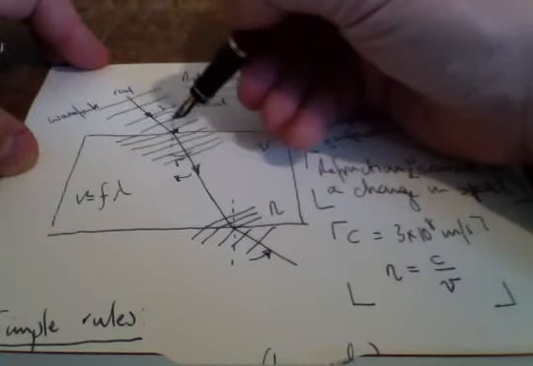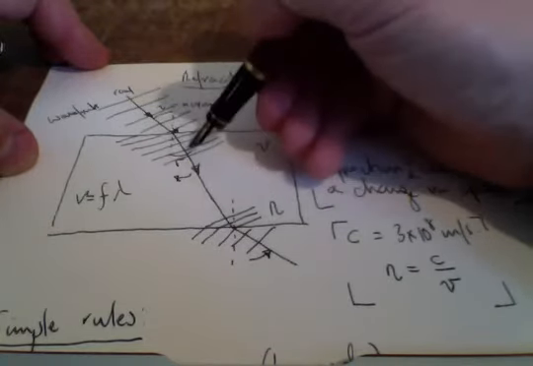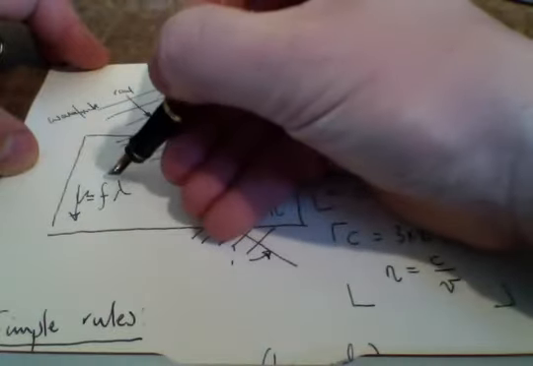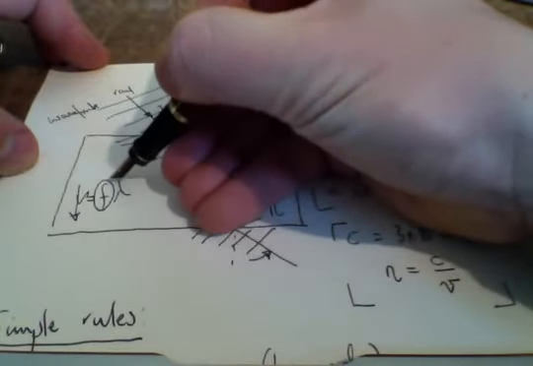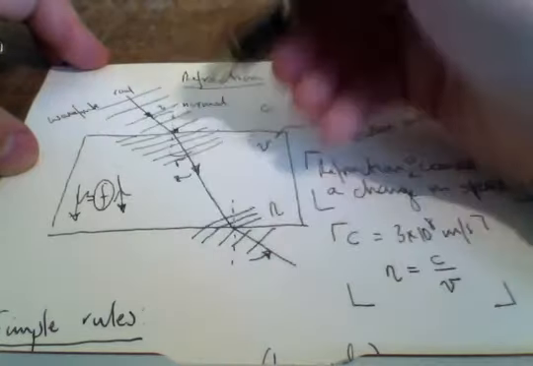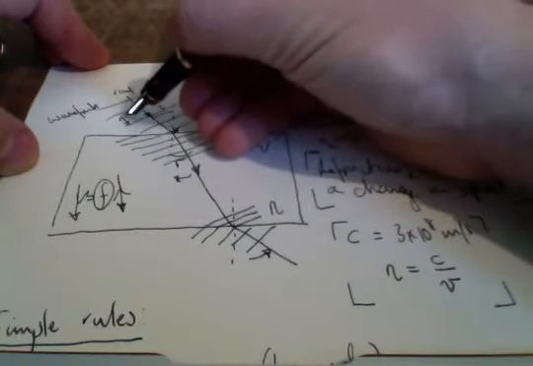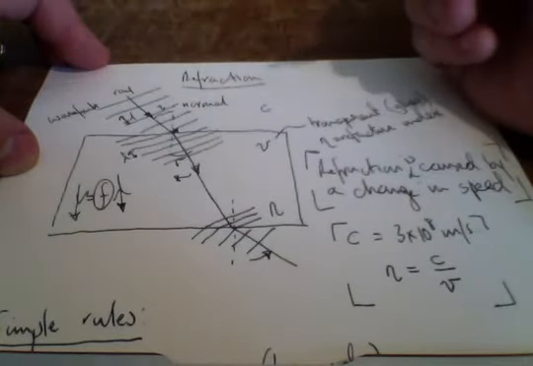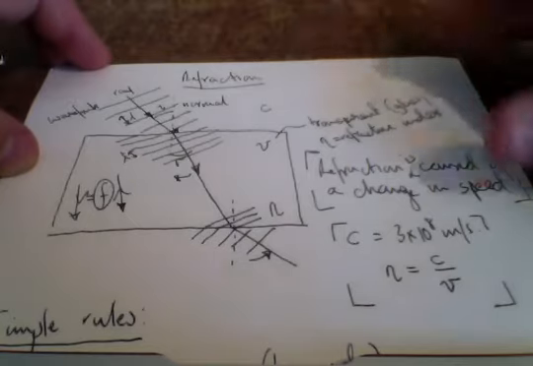If the speed drops as you enter this optically dense medium, the colour does not change, so the frequency remains the same, and the wavelength must decrease. You can see that this has a certain wavelength here, and this has a shorter wavelength as it goes into the optically dense medium.